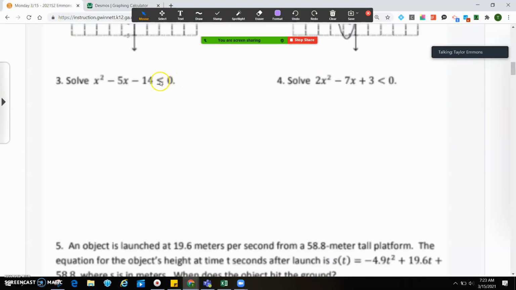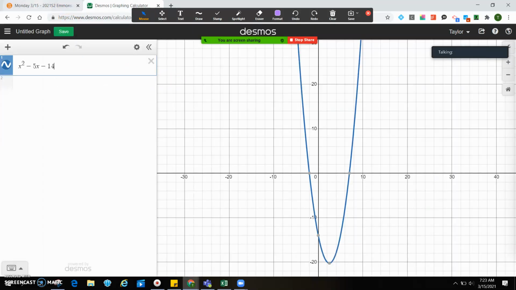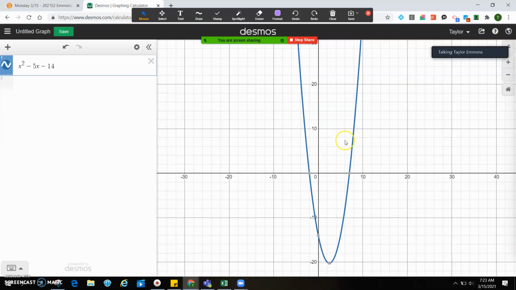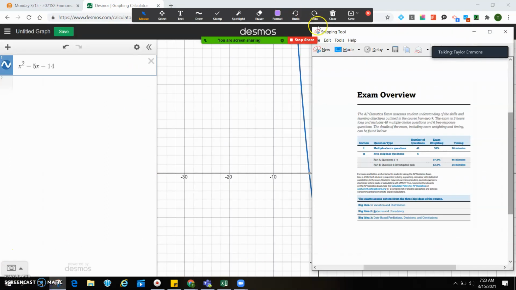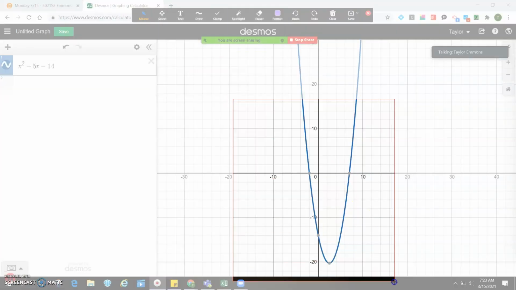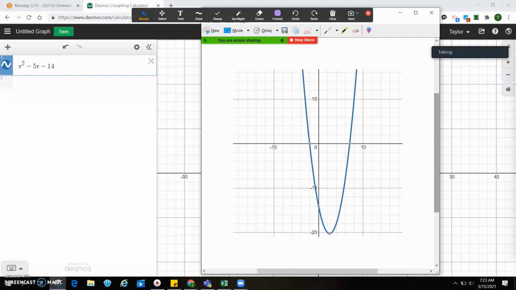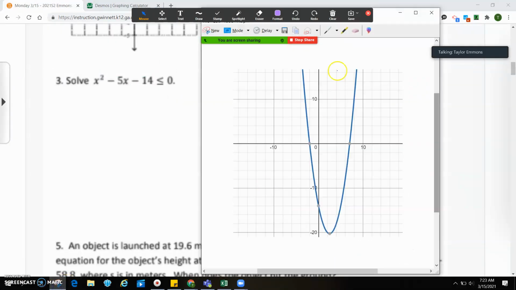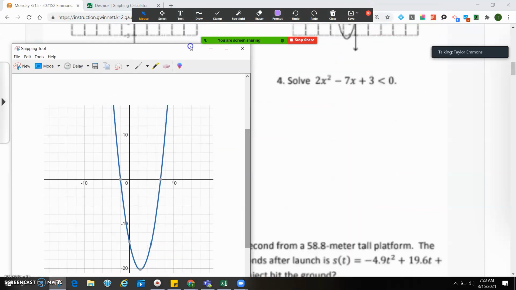And then it's less than or equal to 0. So I'm going to go ahead and graph it, and this is what my graph is going to look like. Take a screenshot and pull it over here.